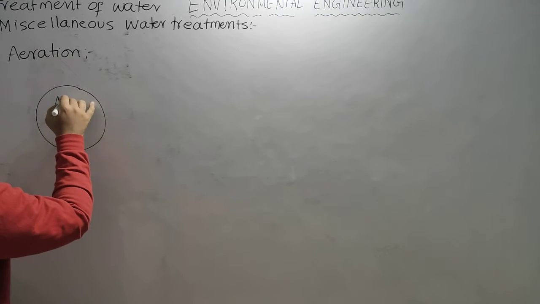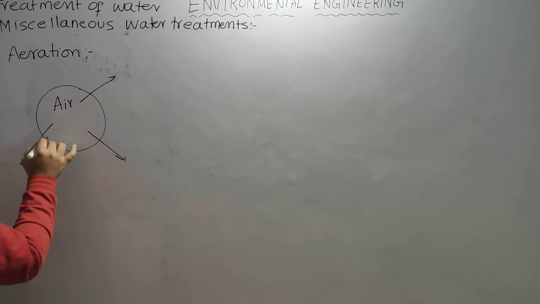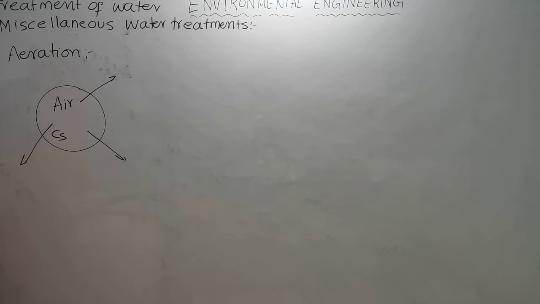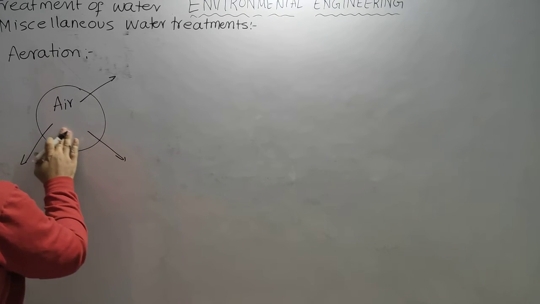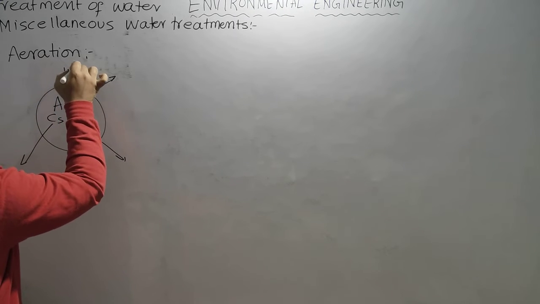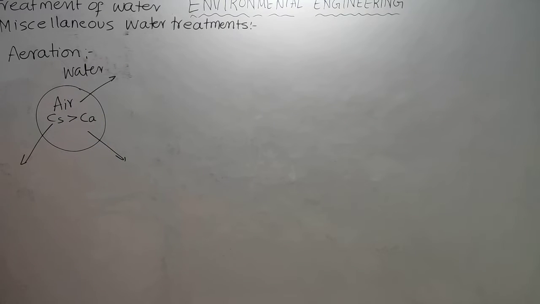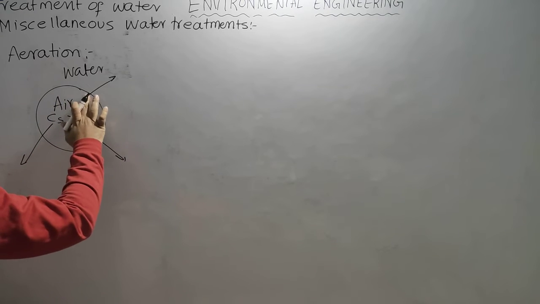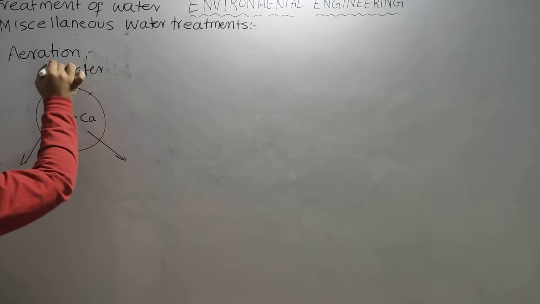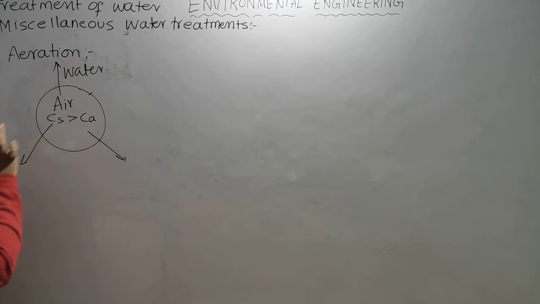Air, Cs is greater than Ca. This is water. Whatever is happening is from air into the water. If you see this kind of figure, what it is indicating is Cs is greater than Ca.